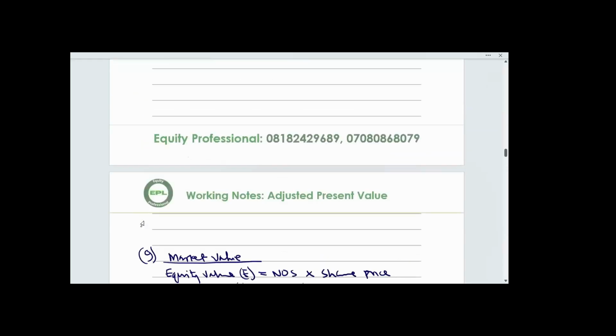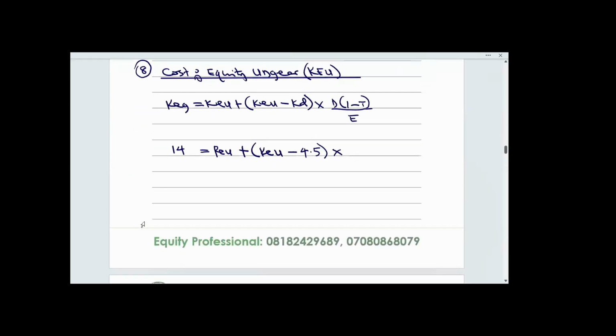Therefore, I'll then continue with this. Debt value is 37,952. 1 minus tax. What's the tax rate of the proxy company? The tax rate we are told is 28%. The company pays tax at 28%. So 1 minus 28% will give us 0.72. Then divided by 37,950.